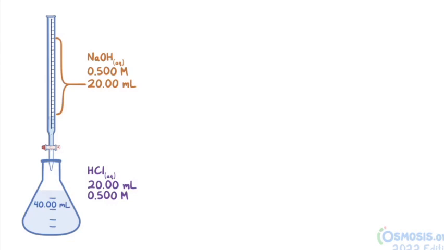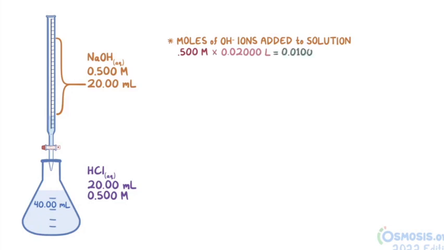Let's first figure out how many moles of hydroxide ions we have added to the solution. The base has a concentration of 0.500 molar, and we've added a total of 20.00 milliliters, or 0.02000 liters. So, using the definition of molarity, we multiply 0.500 times 0.02000 to get a total of 0.0100 moles of hydroxide ions.